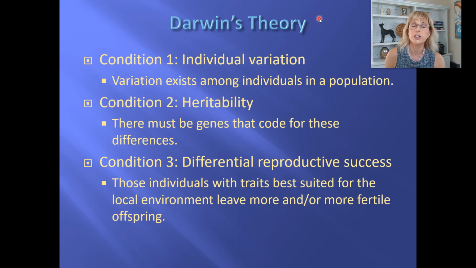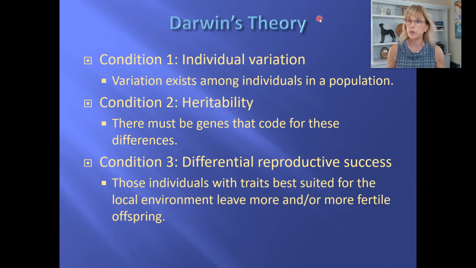And the last condition is differential reproductive success. Even if you did have a gene for different kinds of beaks, if having different kinds of beaks had made no difference in your reproductive success, then it would not be something that would be acted on by evolution in Darwin's theory.